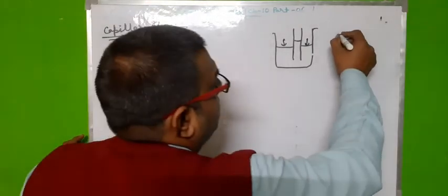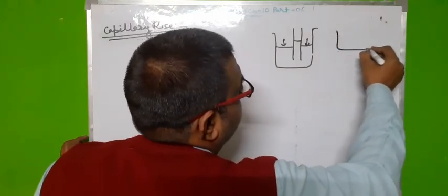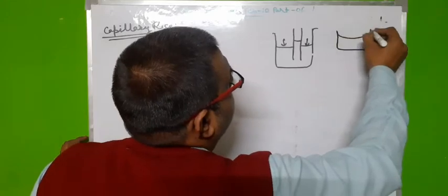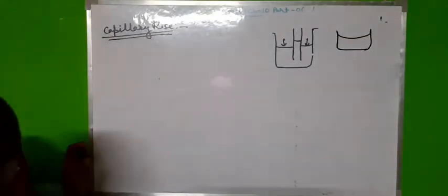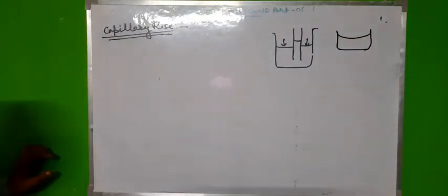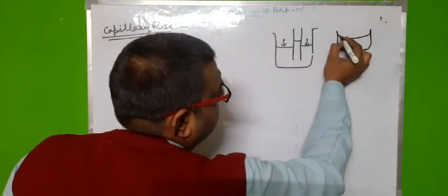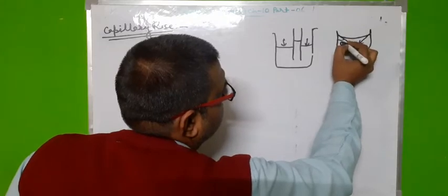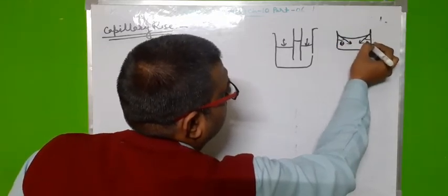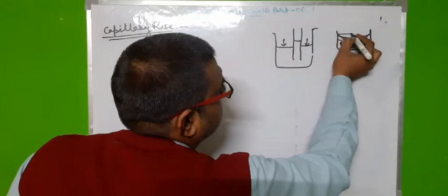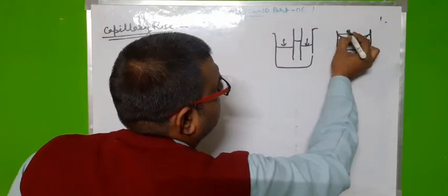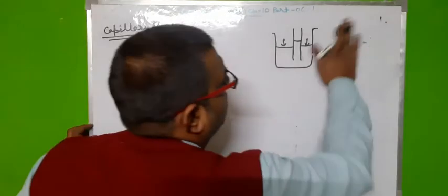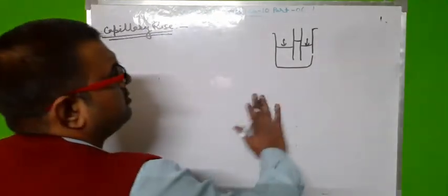Look here, this is the shape of the rise of the meniscus, and this is the angle of contact theta. This angle is theta. This is the radius of the tube, the radius of the capillary tube. Maybe a bigger diagram.